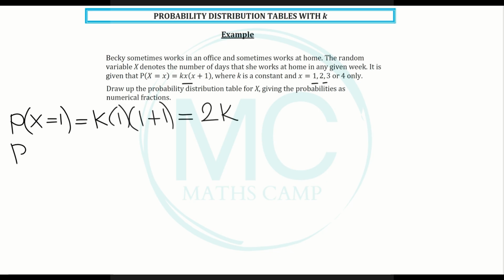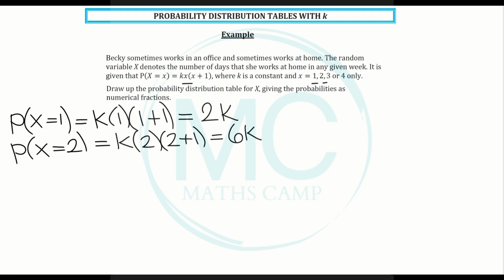Let's substitute 2 into x. Probability that x is 2 is equal to k multiplied by 2 multiplied by 2 plus 1. 2 plus 1 is 3, multiplied by 2 gives me 6, so I get 6k.